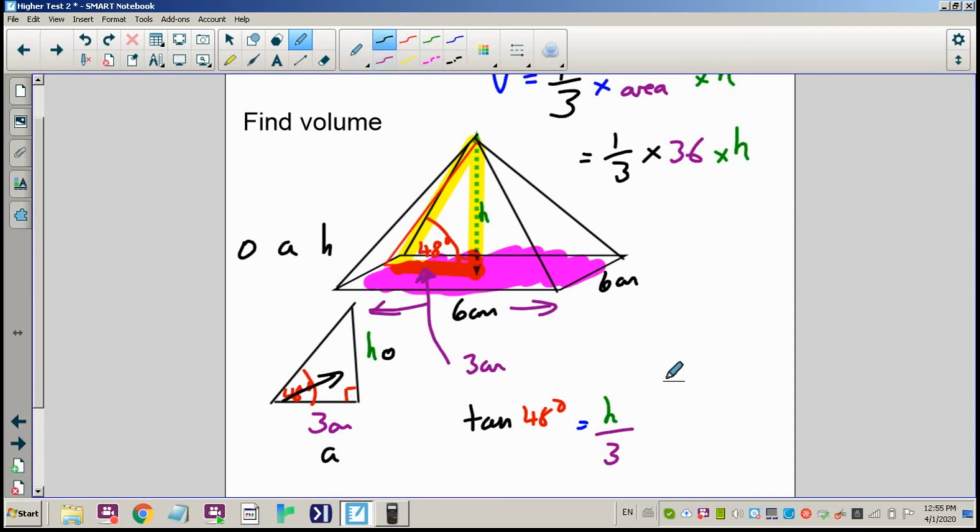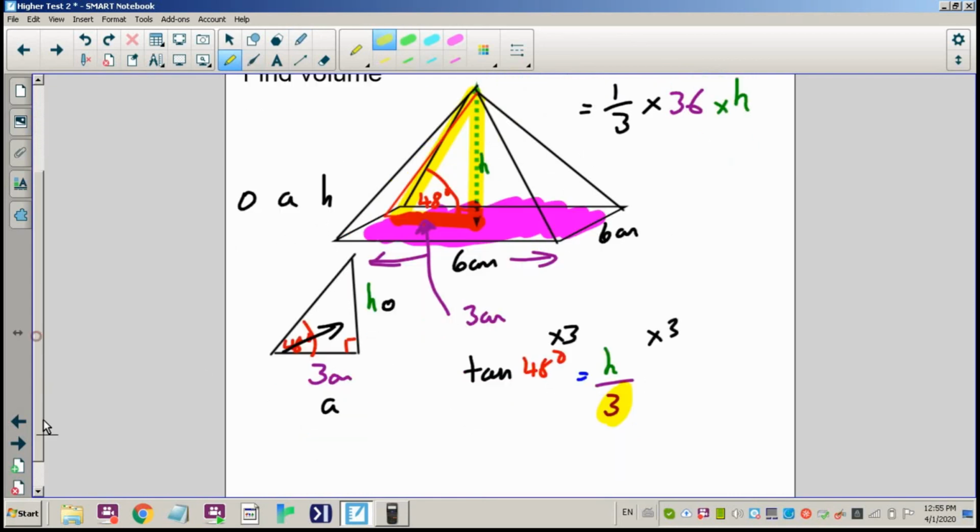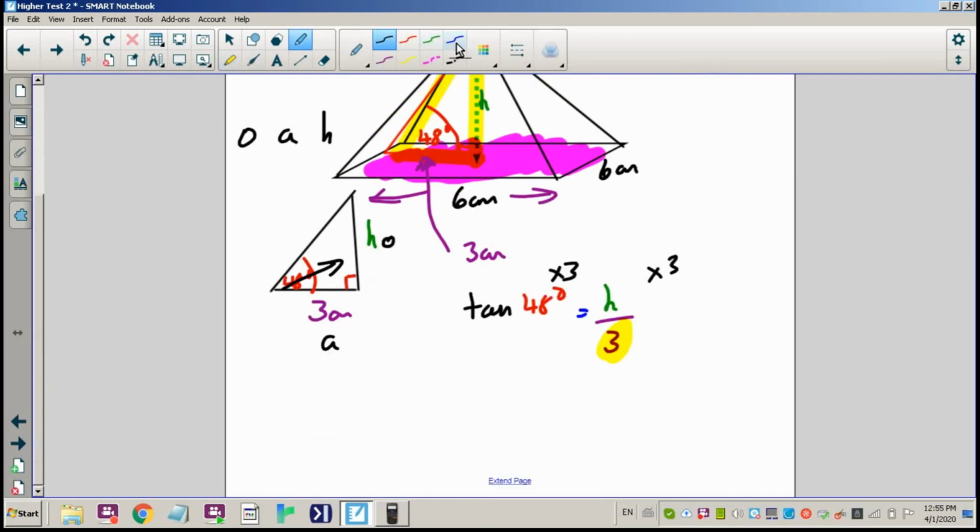Right, now to finish this, very simply, I'm going to multiply both sides by 3 to get rid of that 3 here. So you get 3 times tan of 48 degrees equals h.